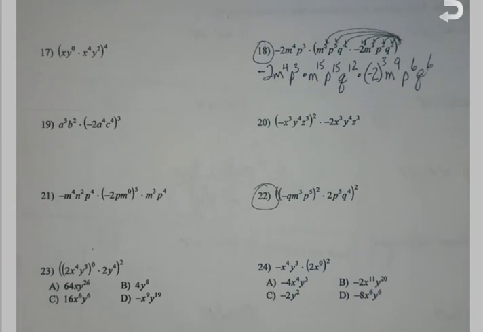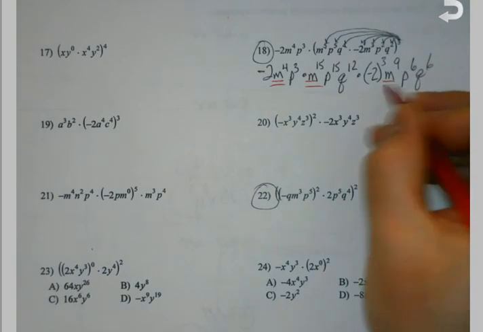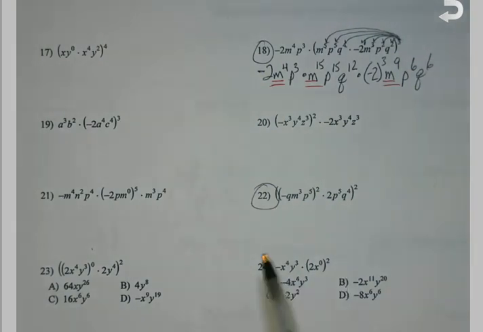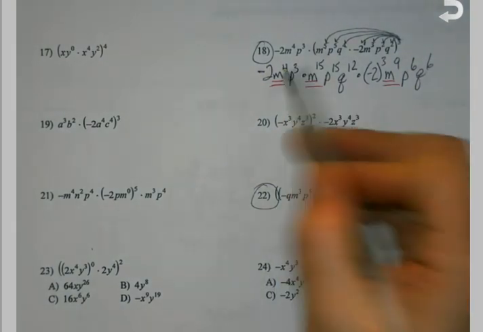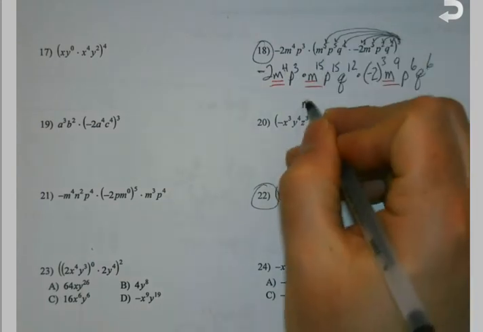So you're like, okay, if I've gotten all this distributed, now what am I supposed to do? Now I can go back and find my ones that are alike. Like, there's an m, and an m, and an m, and I'll just add their exponents up. 4 and 15 is 19, and 9 would be 28.